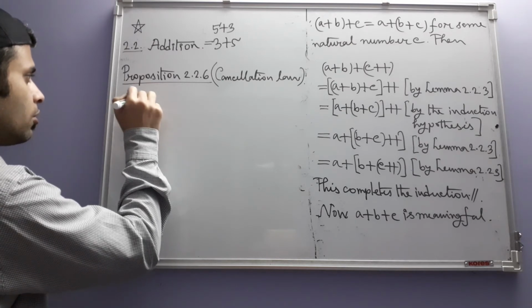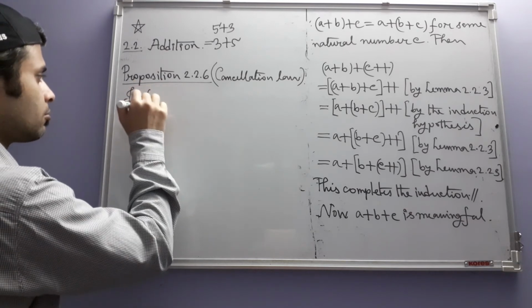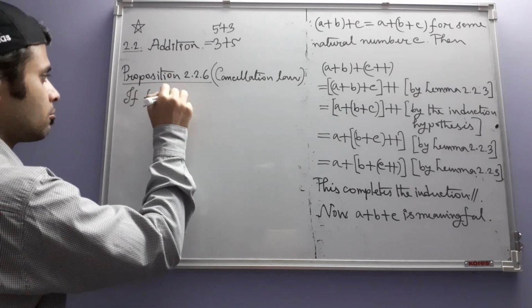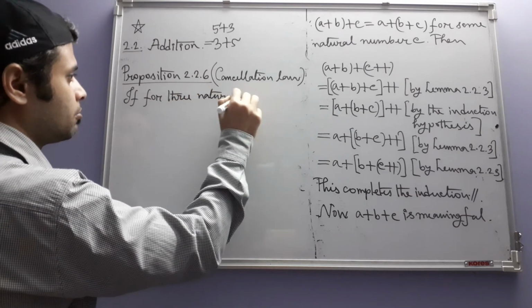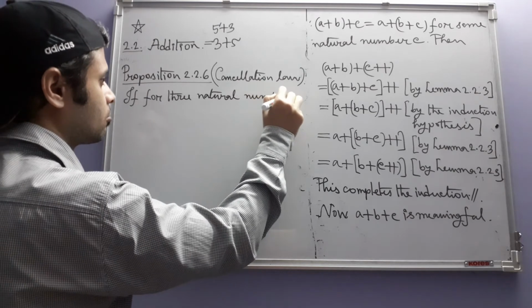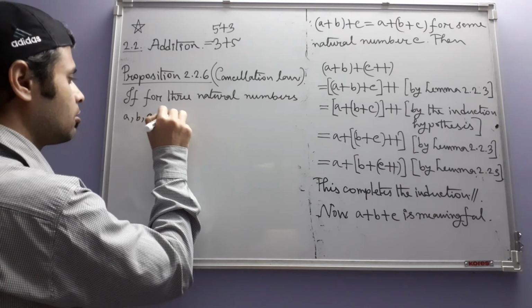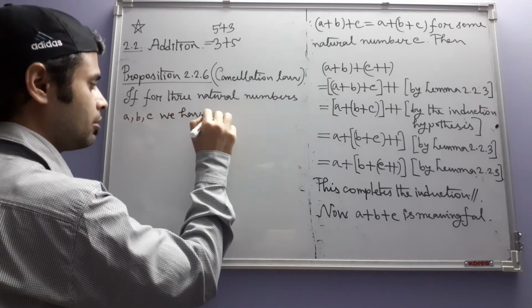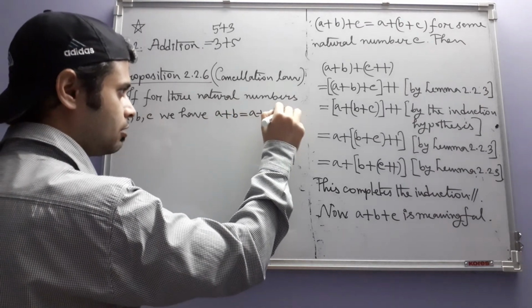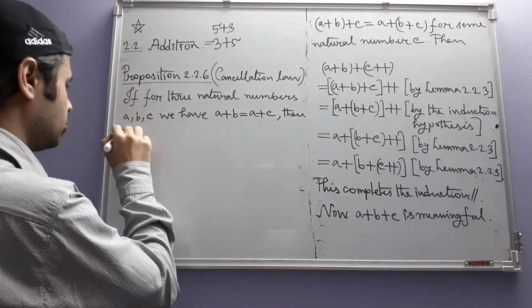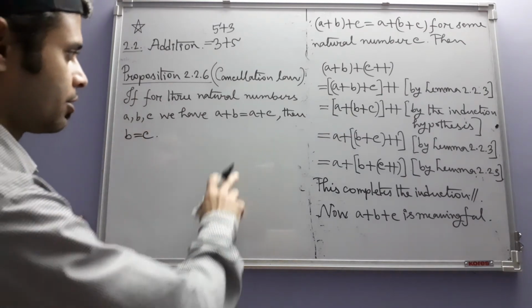If for three natural numbers A, B and C, we have A plus B is equal to A plus C, then B is equal to C. So this is the cancellation law.